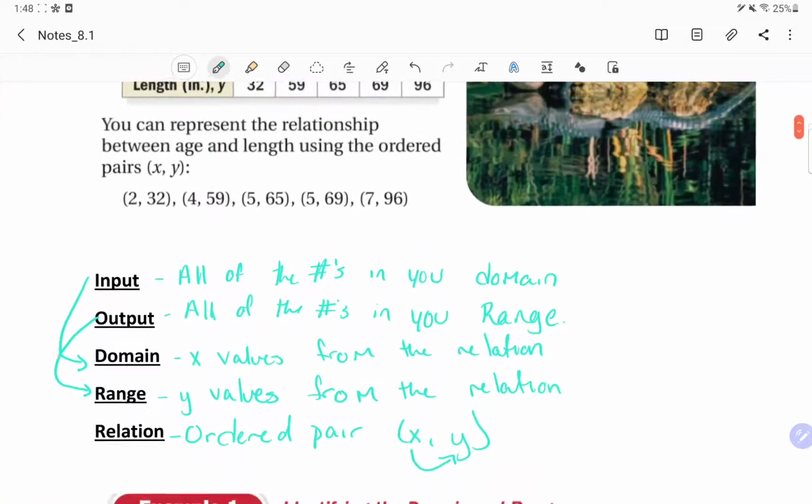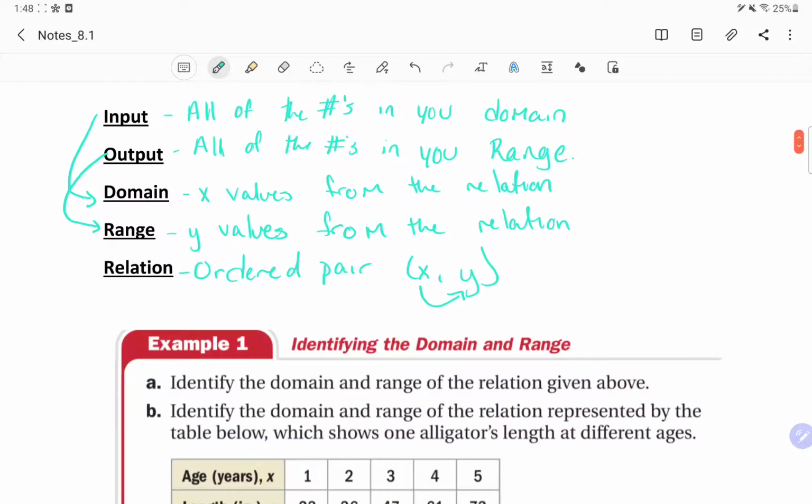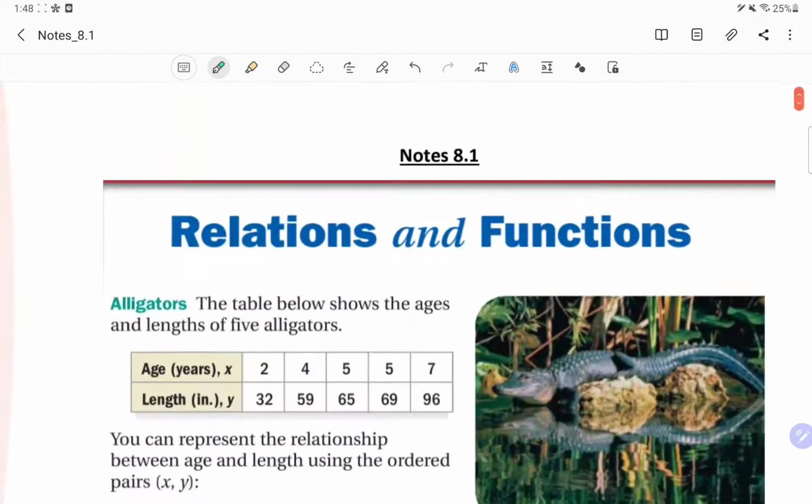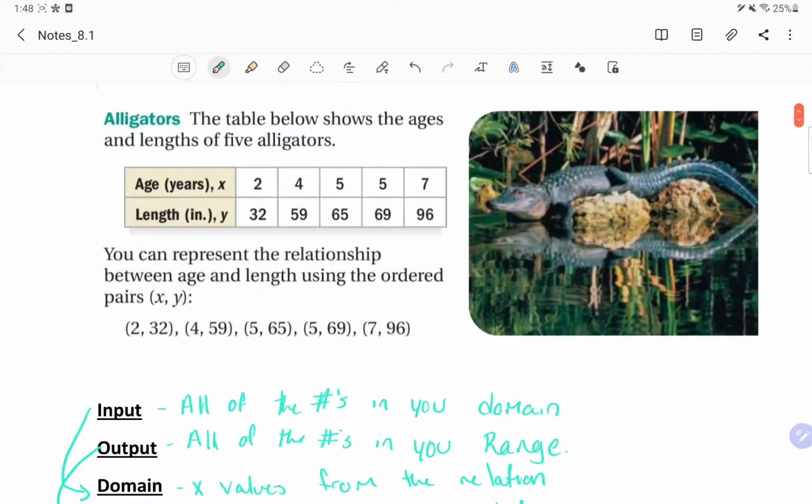So if you're looking up here, it says, for example, 1a, identify the domain and range of the relation given above. So they're talking about this one up here where we're looking at alligators. The table shows the ages and the lengths of 5 alligators. Our x is our age and our y is our length. It just wants us to list the domain and list the range.